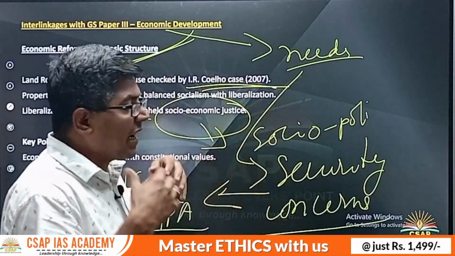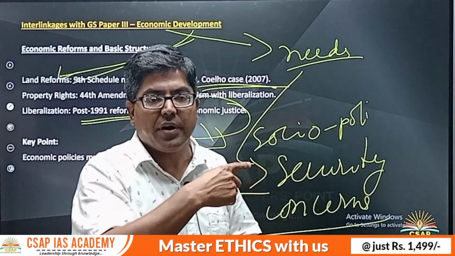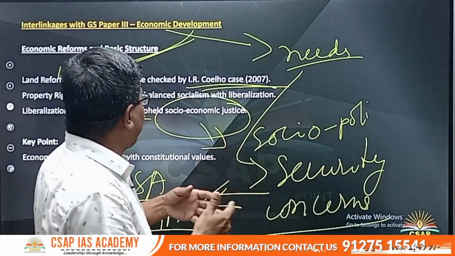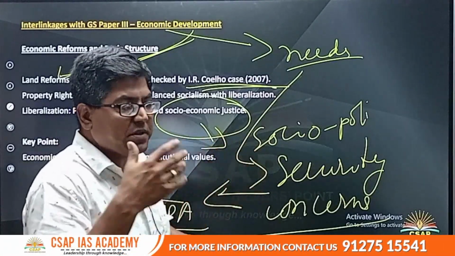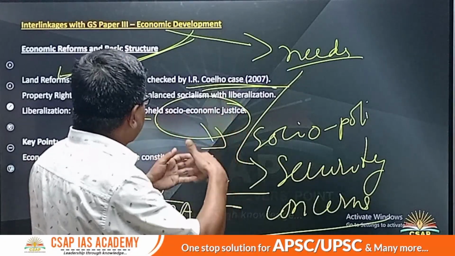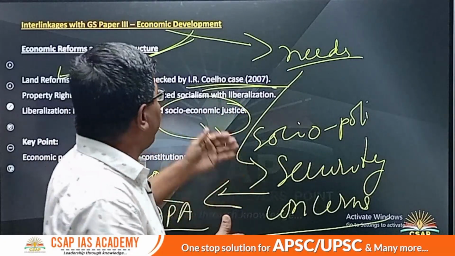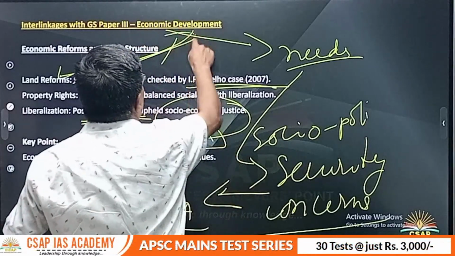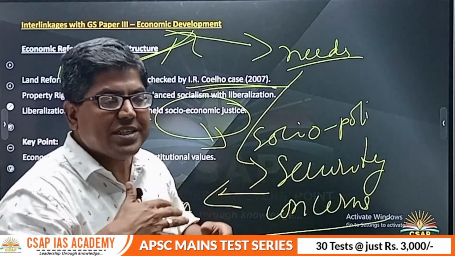So here also that role is played by the judiciary. The judiciary analyzes that, and based on that analysis gives a judgment, and the judiciary has allowed various constitutional amendments through which our economic growth or economic development was accelerated.